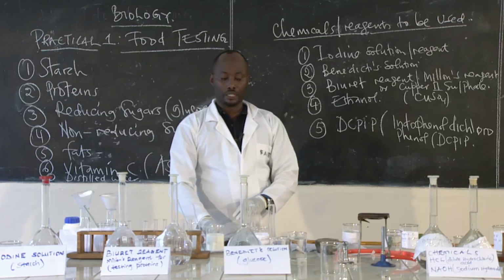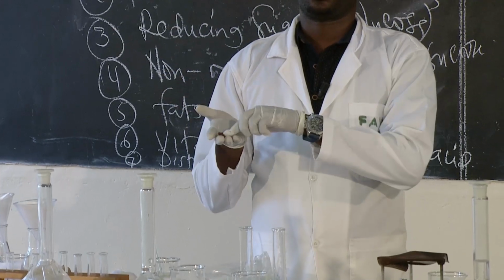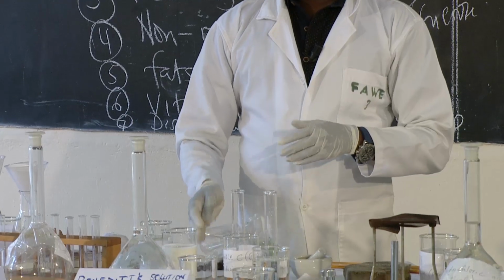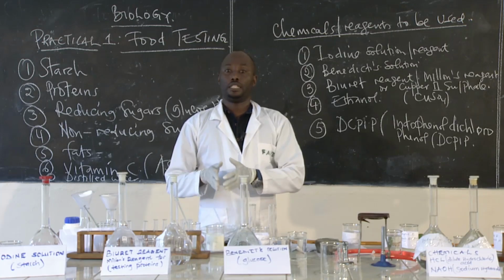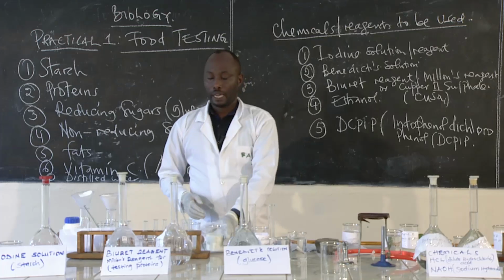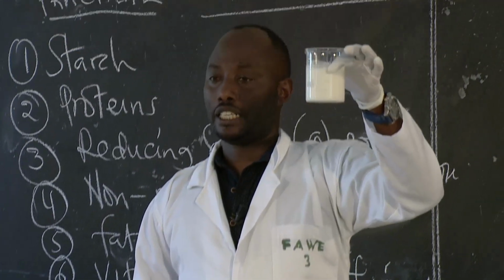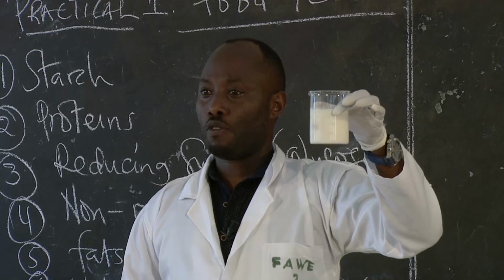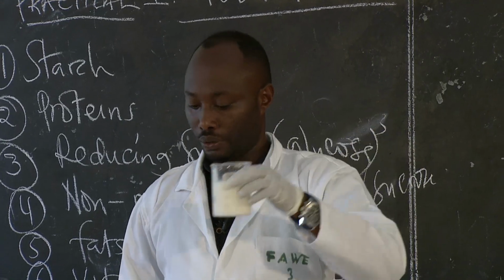I have some cooked beans, and I'm going to use them also to show that beans contain proteins. I have milk. I think everybody takes milk. It is a bodybuilding food. Those who lack milk suffer from kwashiorkor.